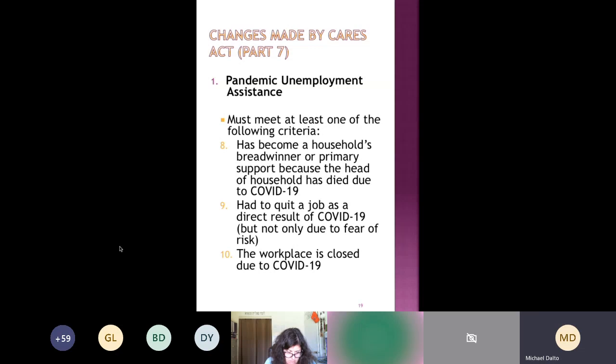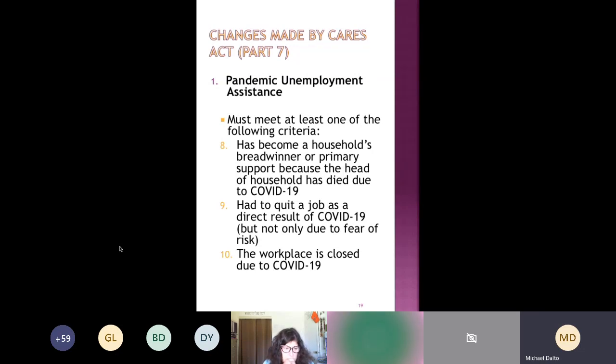Now, the CARES Act actually says that it can be retroactive as far back as January 27th, but certainly no state had an agreement in place on January 27th, particularly since the CARES Act wasn't even signed until, I believe, March 27th.